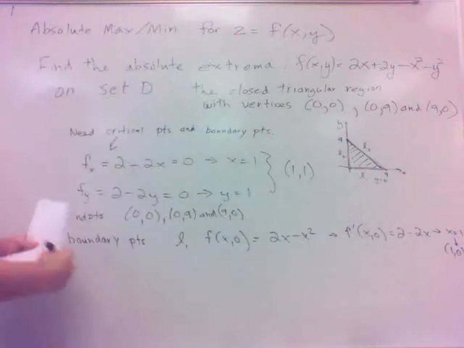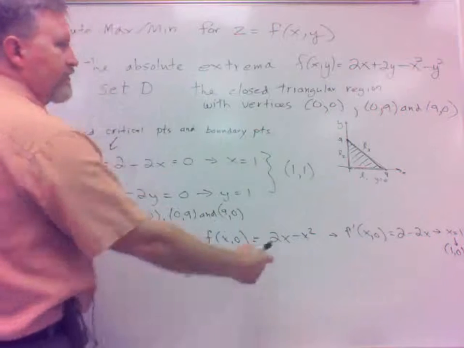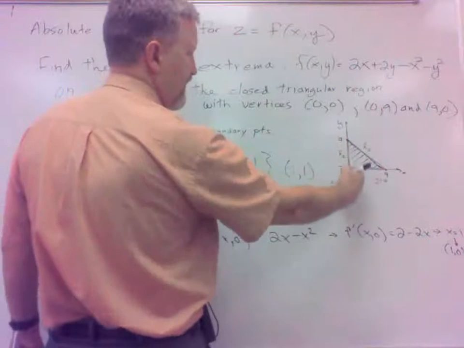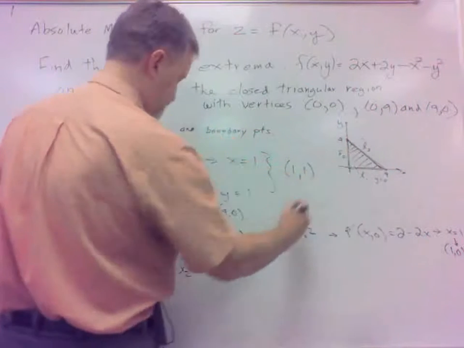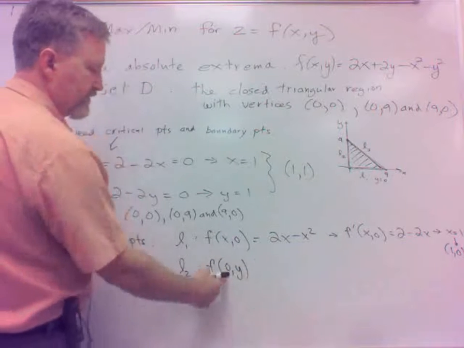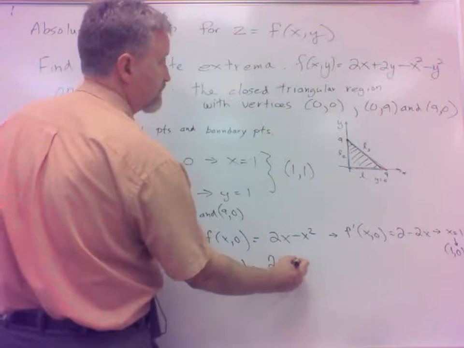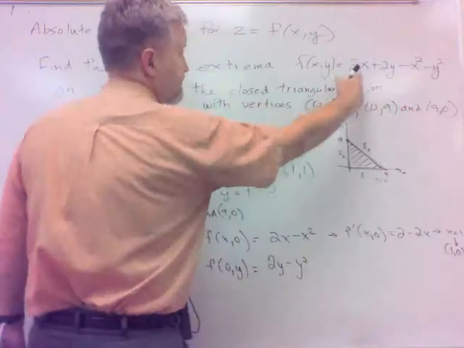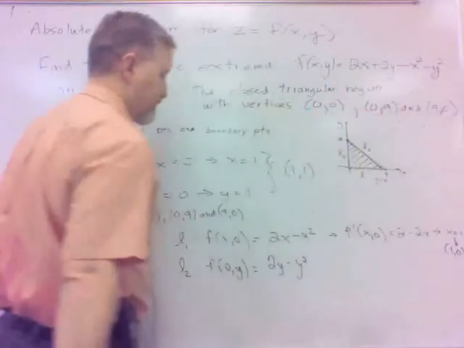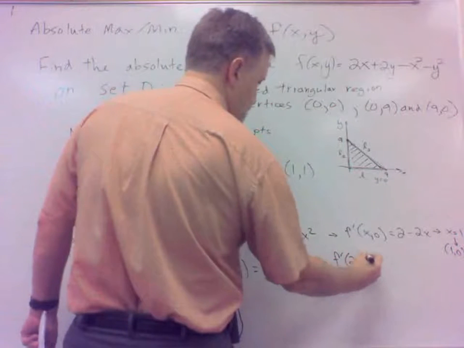So we need to do the same thing for line 2. On line 2, well, x is 0, so the points would be of the form 0, y, right? Because x is always 0 on that one. And so we've got basically the same thing in terms of y. If x is 0, then we've got 2y minus y squared, which the derivative of that would be 2 minus 2y.